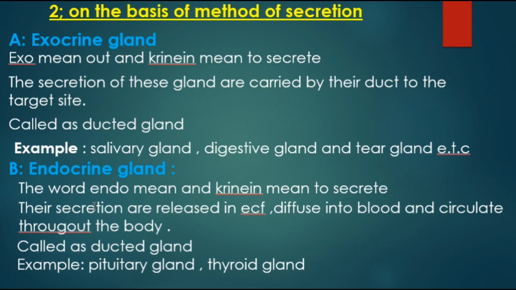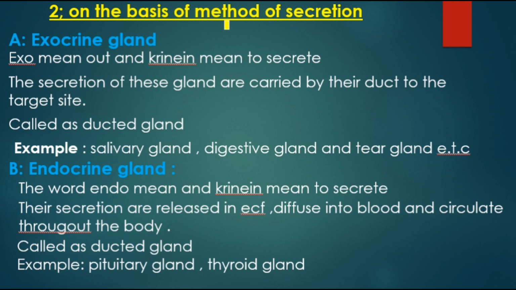Now the next classification is based on the method of secretion, meaning how the gland's secretion moves to its target site. So that is about the method of secretion, meaning how their product or secretion moves to the target area.